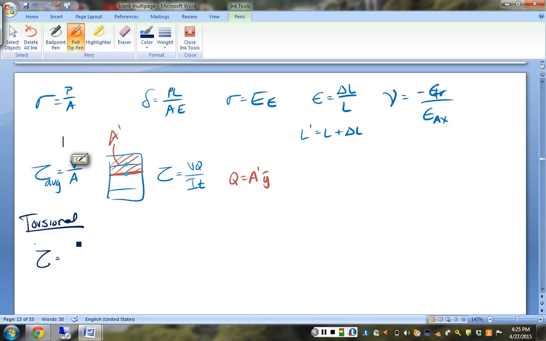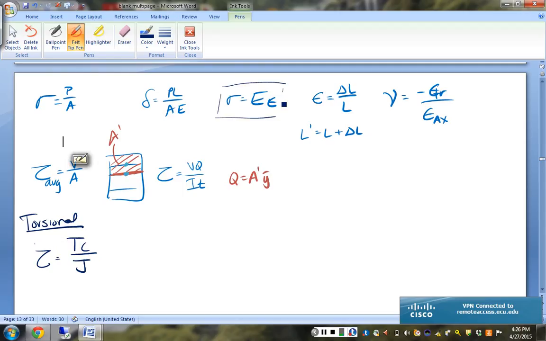And what's our formula there? TC over J. That's the one. I guess we forgot one guy up here on this linear shear thing. This is our normal stress-strain relationship.